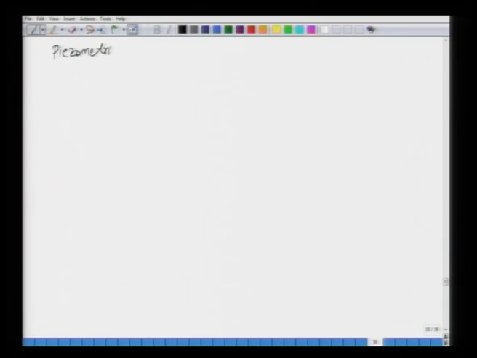Piezometric surface. We do not call it the groundwater table because it is not at atmospheric pressure. It is also known as potentiometric surface. Potentiometric is one word, I am just separating it.